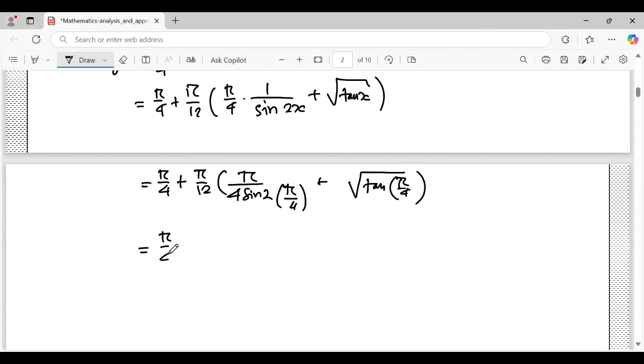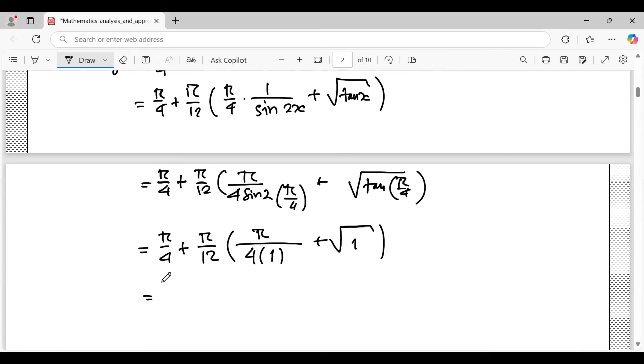Sine of 2 times pi over 4 is 1, and the root tangent of pi over 4 is also 1.